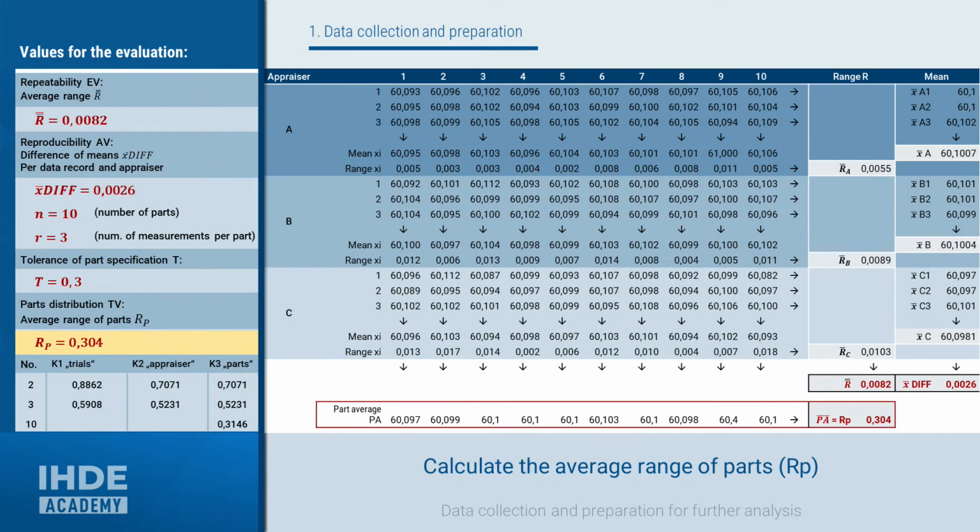If you now calculate the mean value from these 10 values, you get the value you are looking for, RP. This is 0.304 and, as already mentioned, is required to calculate the part variation. With this, we have extracted the 3 required values from the measured values. Now, let's move on to the next chapter.